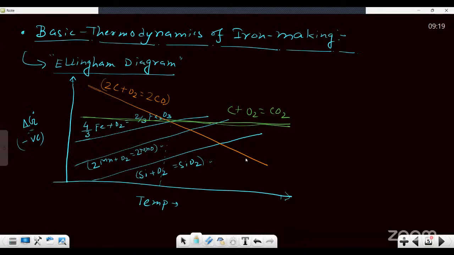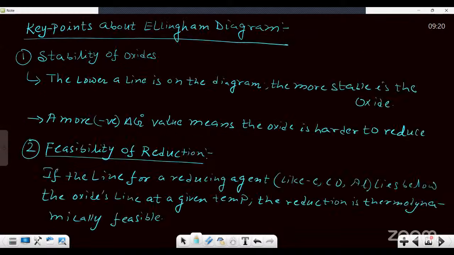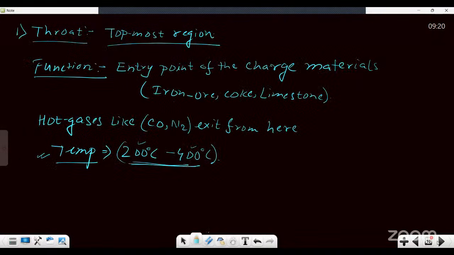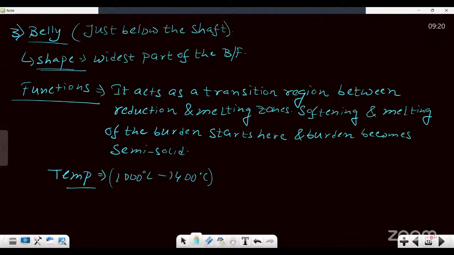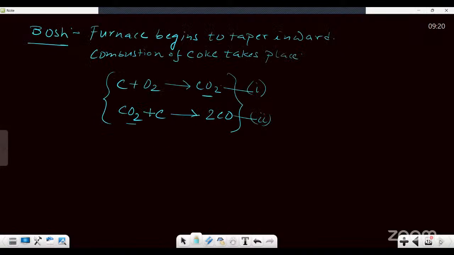So the CO2 that is formed will get reduced to CO. CO2 will come in contact with carbon, because some carbon will always be present as coke is there in the blast furnace. The carbon dioxide will come in contact with the solid carbon, and at high temperature, it will get converted to CO. I think this part is clear.